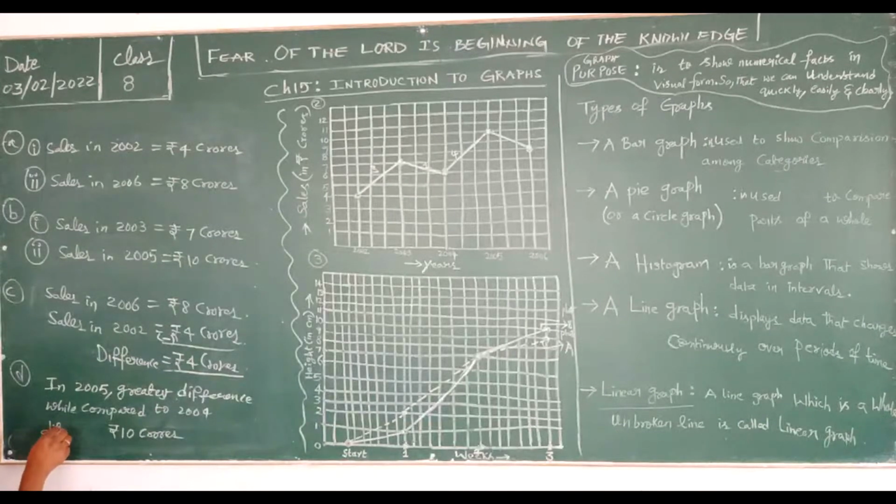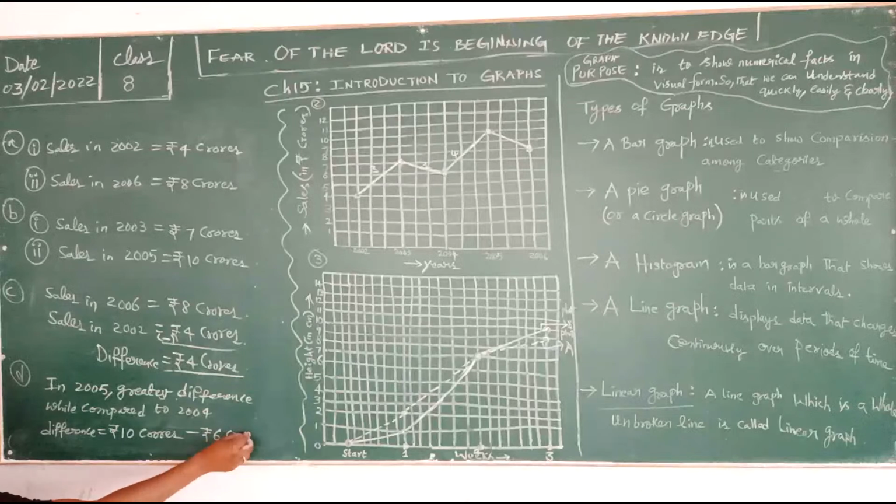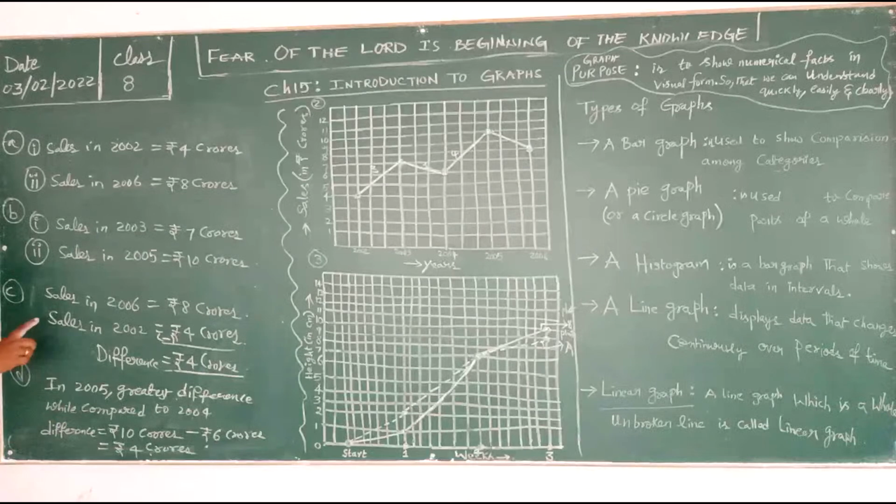So I'm writing here the difference: 10 crore minus 6 crores in 2004. So the total difference is rupees 4 crores. So the greatest difference or greatest fluctuation is 4 crores, that is in 2005.